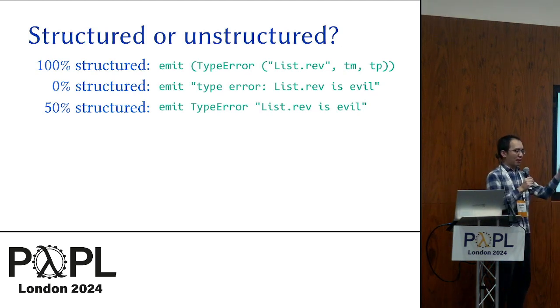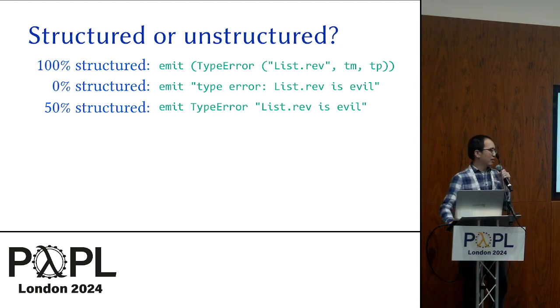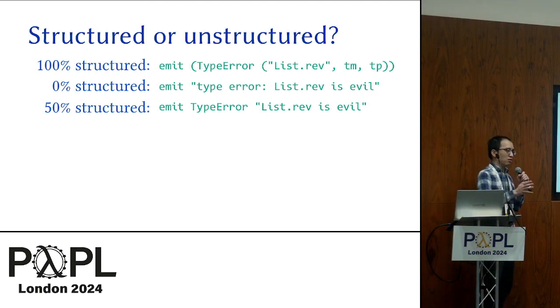I'm going to have a type error, but then all the remaining additional information as a string or something like that. So I'm going to say that it's somewhere in between. And it's not an easy decision to make what should be totally unstructured strings and what should be a dedicated, unique constructor.